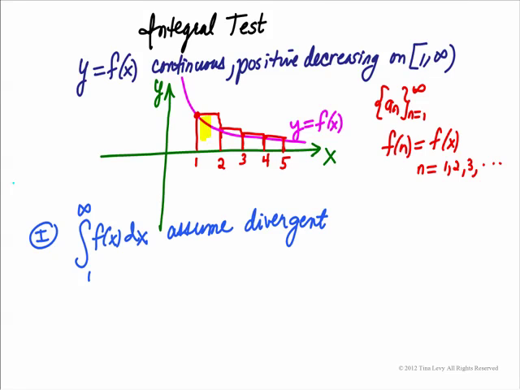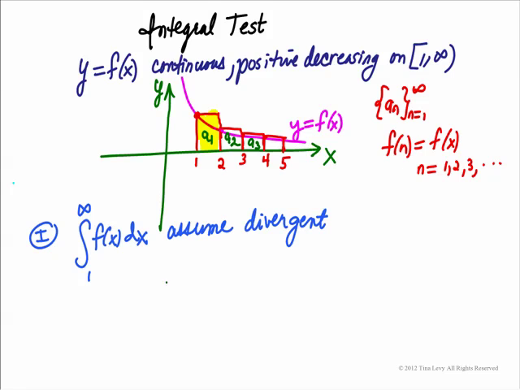The area of this first rectangle becomes, the height is a1 and the width is 1, so that area is a1. The area of the second rectangle is a2 times 1, a2. The area of the third, a3 times 1, etc. So we will now have created, going toward infinity, infinitely many areas of rectangles.